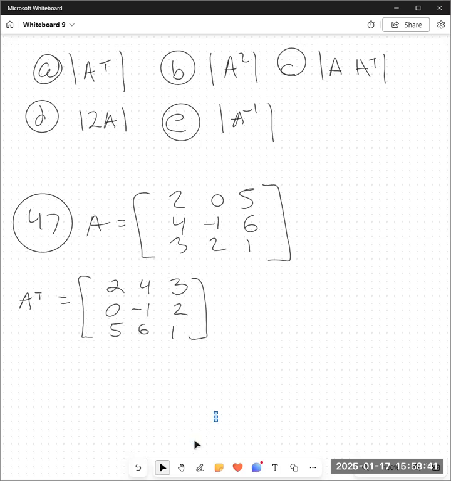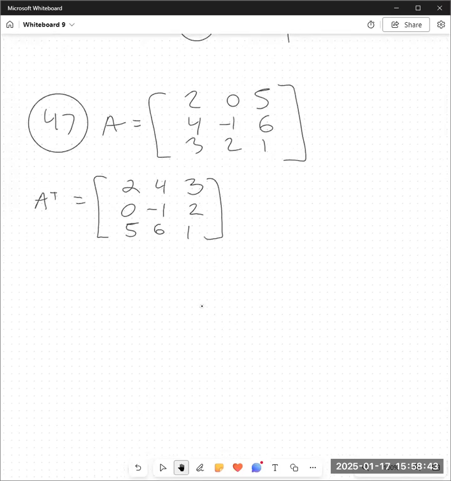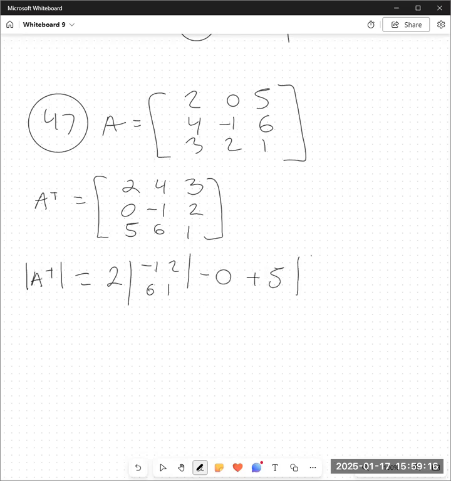So the determinant of that transpose is going to be equal to, and let's expand on this column here, which we can do since we can use rows or columns, but let's take advantage of that 0. So 2 times negative 1, 2, 6, 1 minus 0 plus 5 times 4, 3, negative 1, 2.